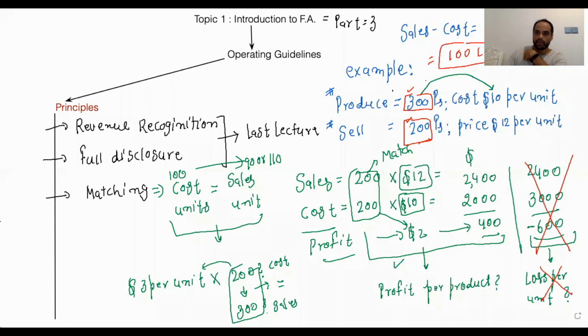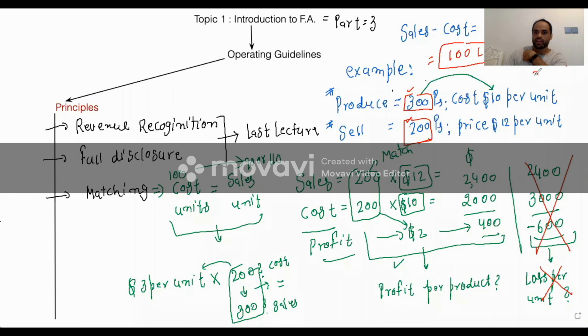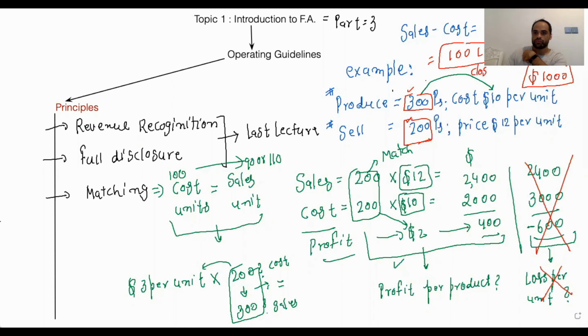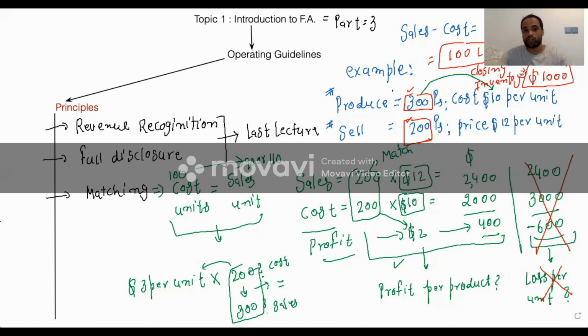And how much is the value of closing inventory? 100 multiplied by 10, because the cost per unit is 10. So $1,000 is your closing inventory. Remember that. That's the actual meaning of closing inventory.